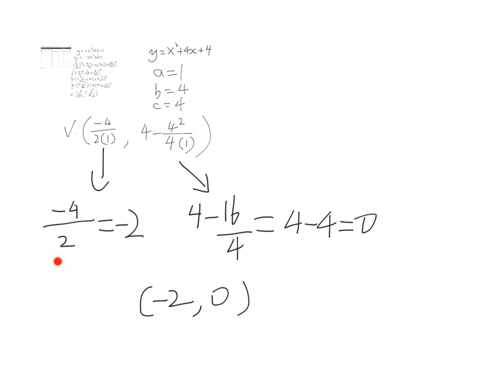From our calculation, we learned that the x value equals negative 2 and the y value equals 0, so the vertex of this parabola is negative 2 and 0.